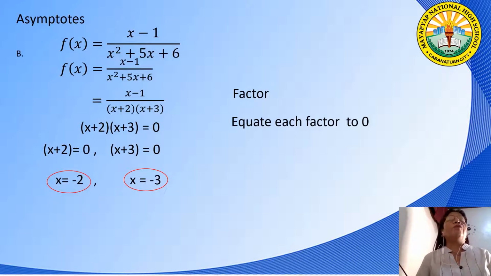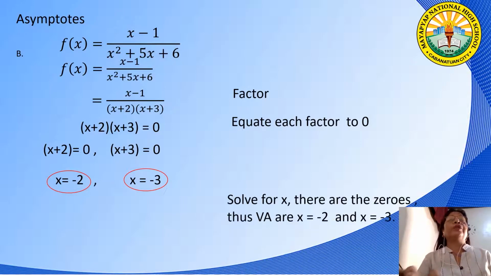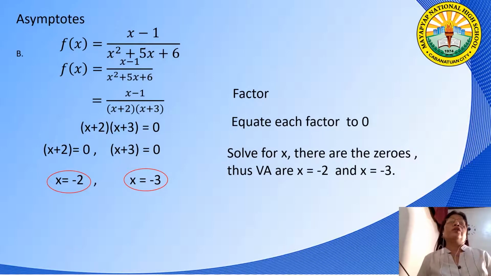Therefore, x equals negative 2 and x equals negative 3. Those values of x are the zeros and they are also the vertical asymptotes. So the vertical asymptotes are x equals negative 2 and x equals negative 3.